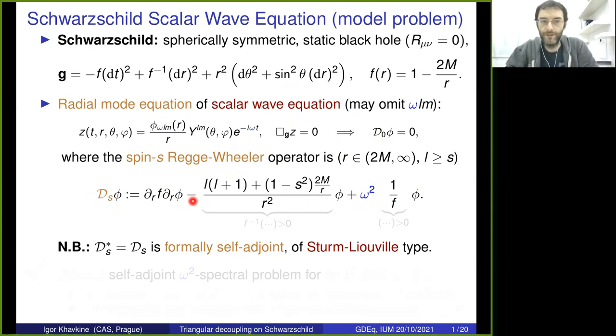They have the quite simple explicit form that you see here. So there's a kinetic term, there's a potential term, and then there's a term that has the spectral parameter, which is the frequency squared here. And if you take all of these terms into account, you get a pretty standard equation of Sturm-Liouville type. As you also see, it's formally self-adjoint.